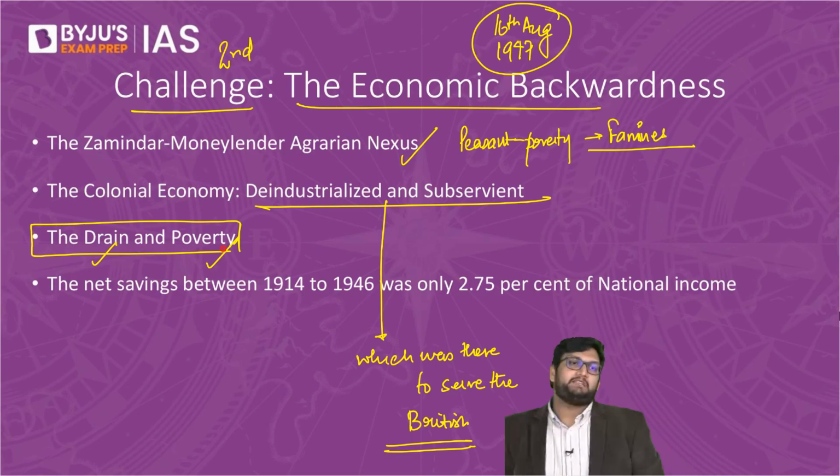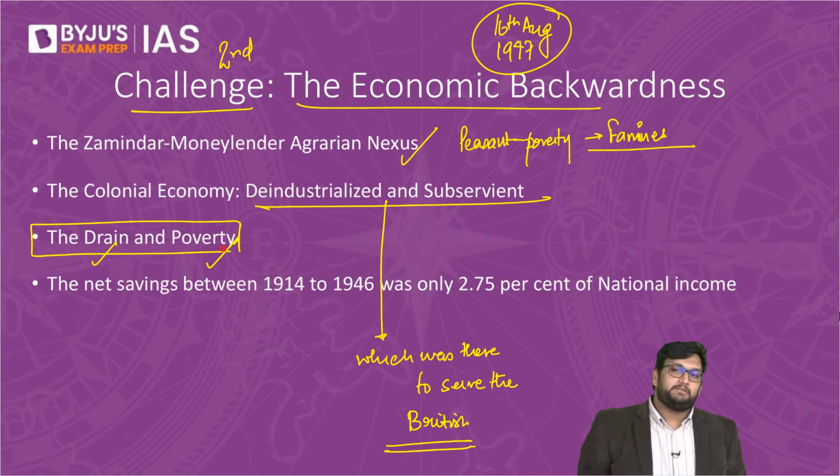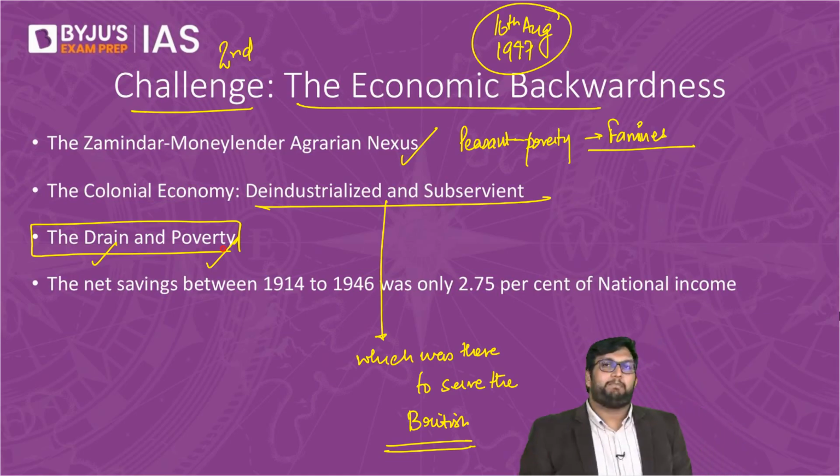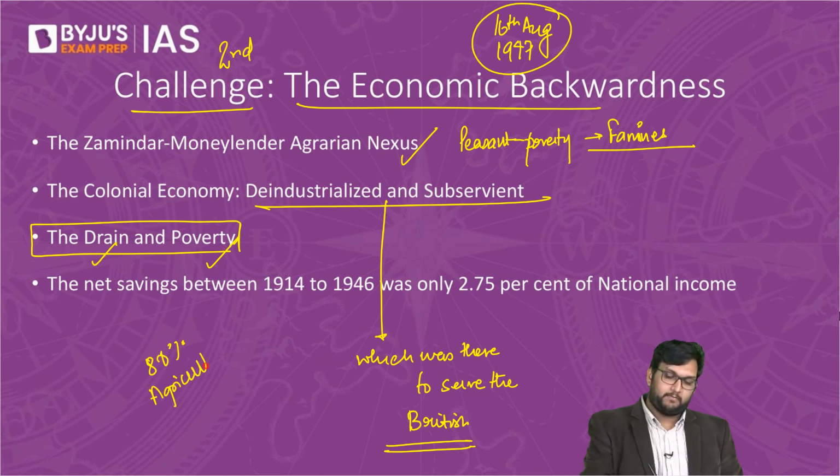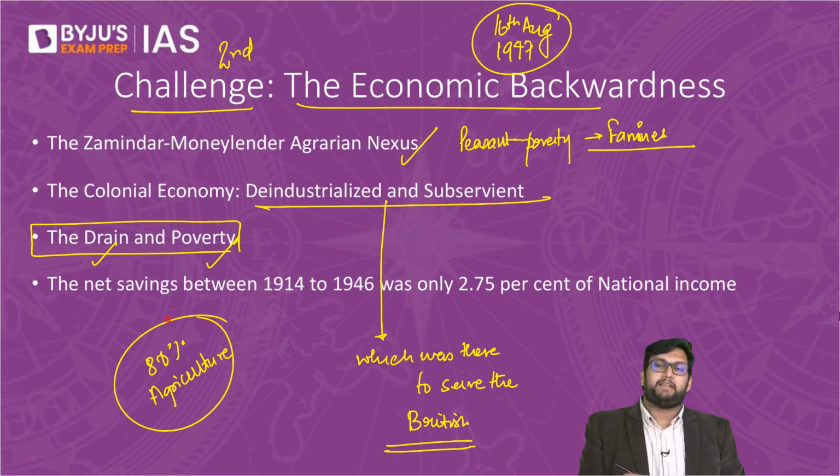And this is the second major challenge which India has, that we don't have the capacity to even have an economy. We are not an industrial economy. 80% of our population was in agriculture, and the output of agriculture was only 7 to 8%.